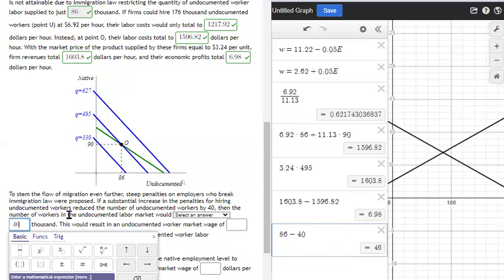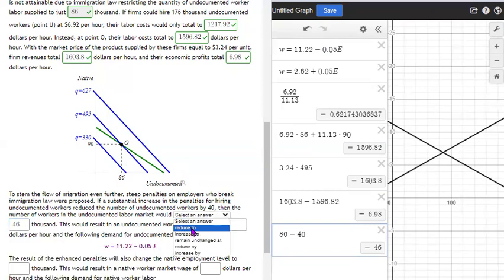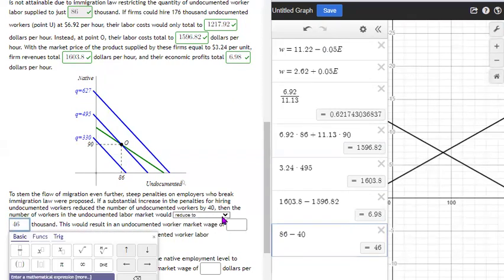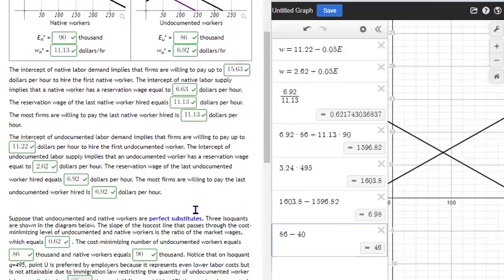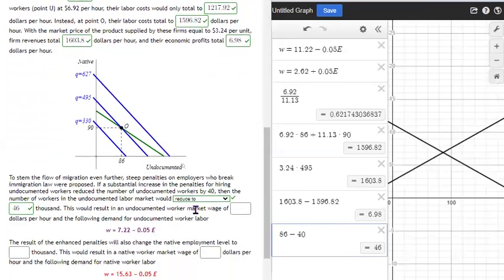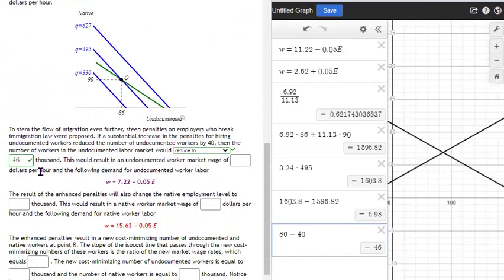So the number of workers in the undocumented labor market would reduce to 46,000. Reduces by 40,000, right? And it reduces to 46,000 from 86,000, right? This would result in an undocumented worker market wage of what?